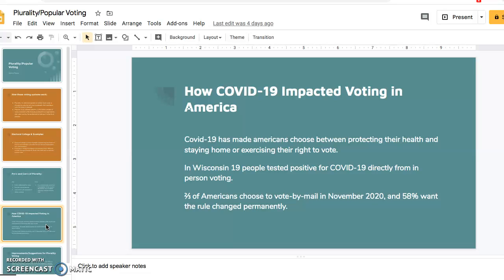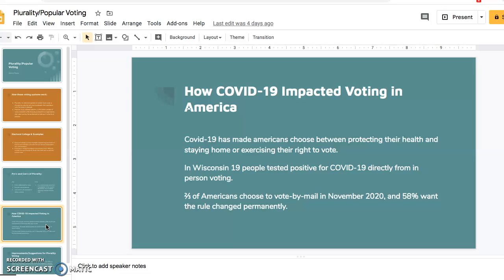So, due to COVID-19, 2/3 of Americans are choosing to vote by mail in November, just so they don't have to have person contact and be around other people. And half of the population want to change the rule permanently, so there would actually be no more in-person voting, and everything would just be done by mail.